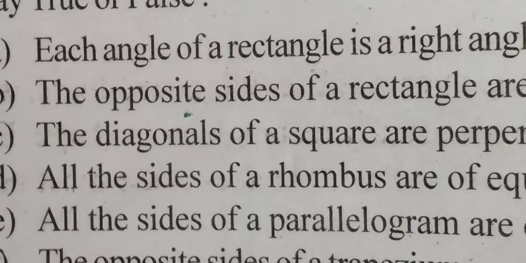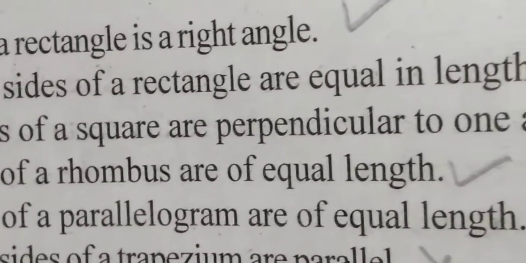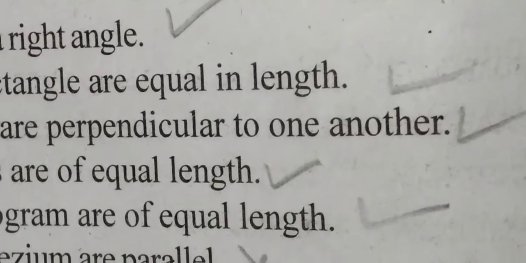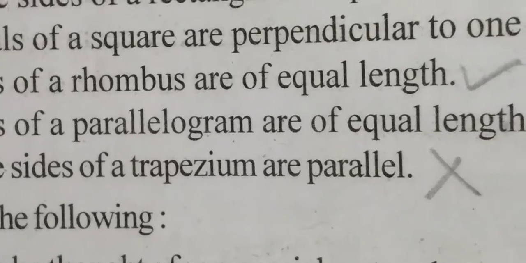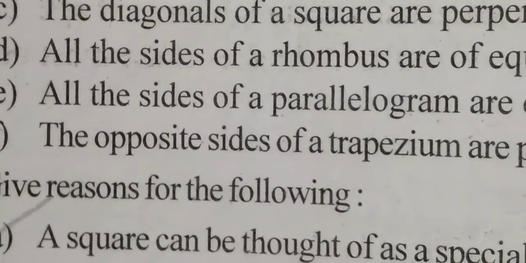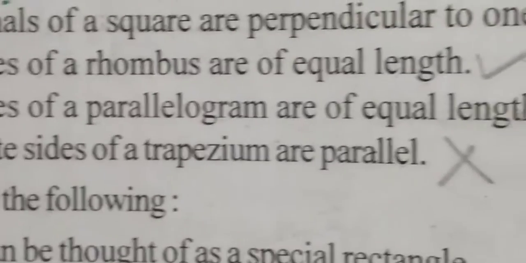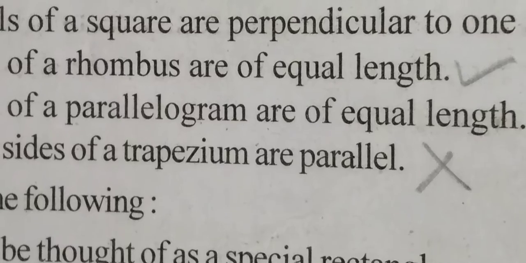Third, the diagonals of a square are perpendicular to one another. It is true. All the sides of a rhombus are of equal length. Yes, it is true. All the sides of a parallelogram are of equal length. No, wrong. All the sides of a parallelogram are not of equal length every time. It's not possible. Okay, so it's wrong.